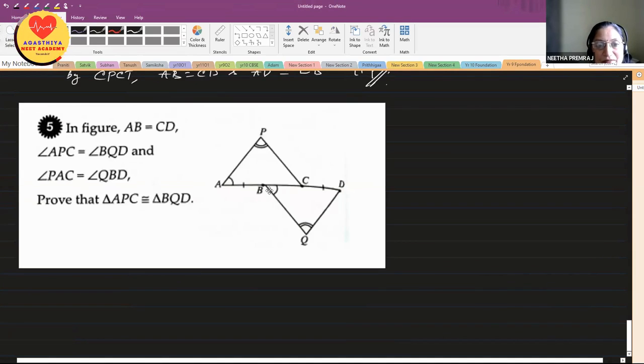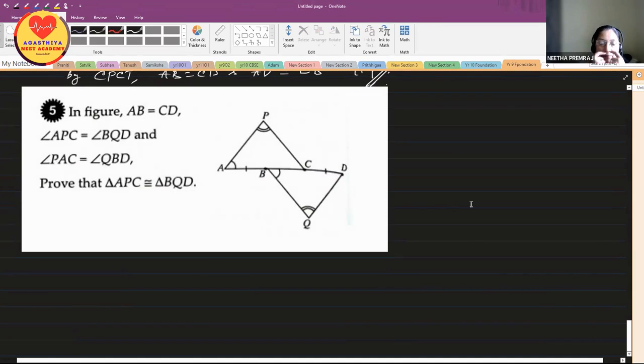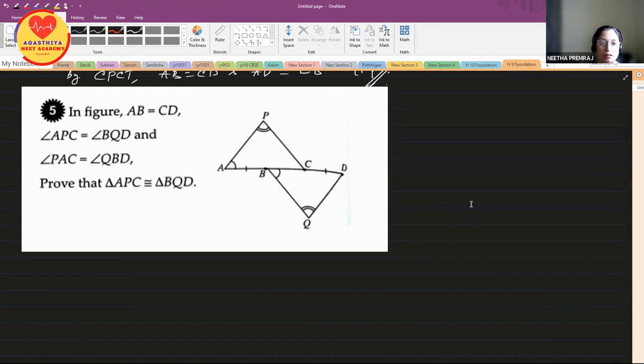We just discuss the sum. Read the sum and tell me what is the idea. How do you prove these two triangles are congruent?